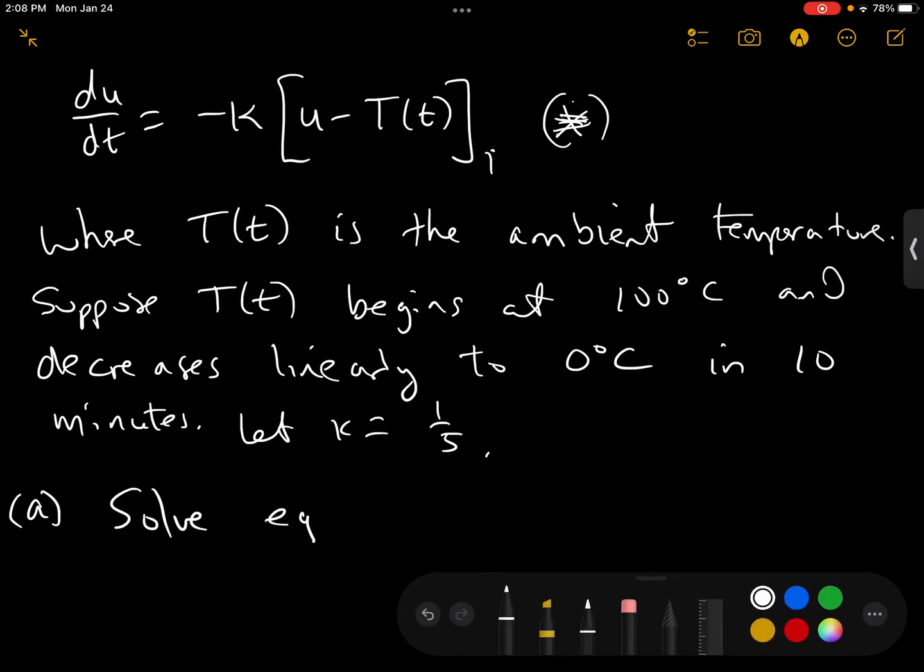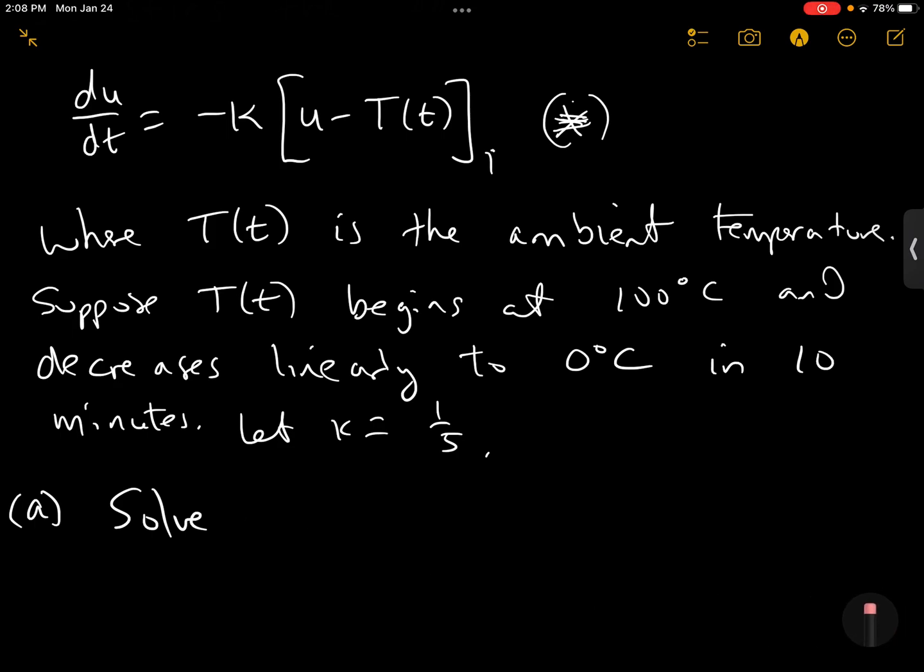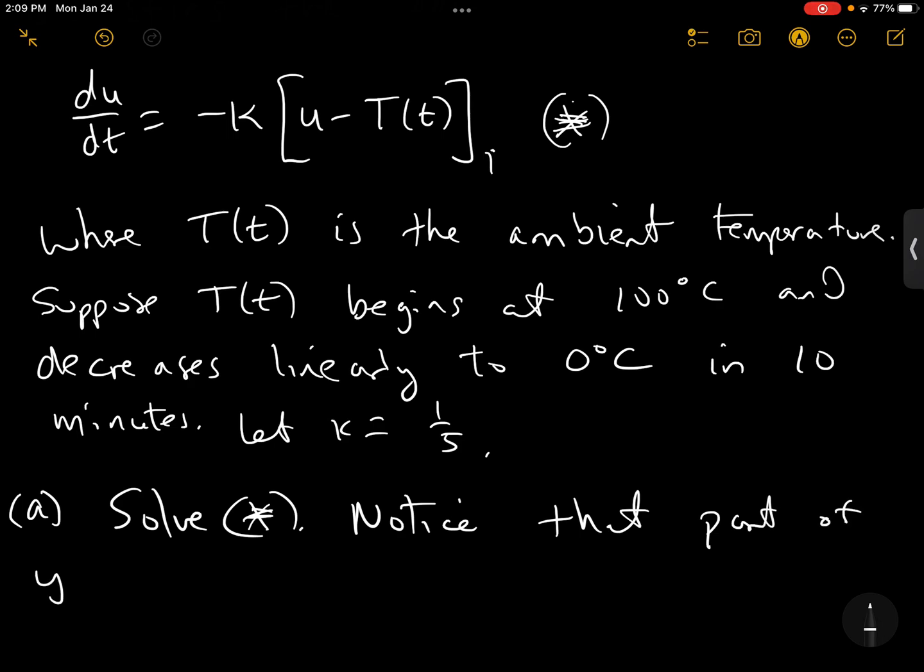We'll solve star. Notice that part of your solution goes to 0 as T goes to infinity.